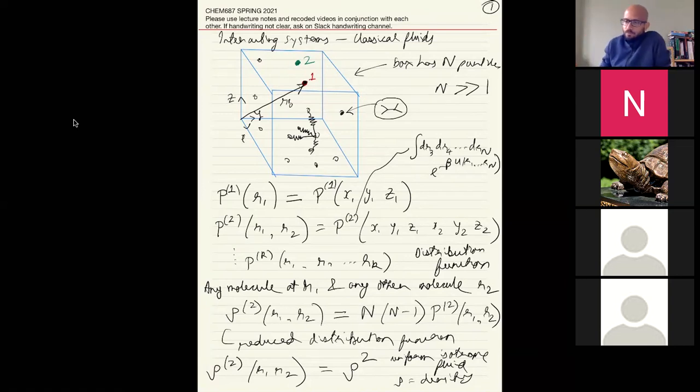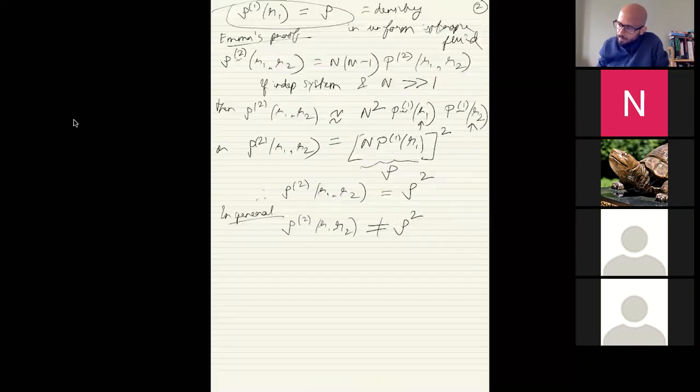Which means that if you have a particle here at 1, you know something about the probability of finding another particle in its vicinity. You know you won't find something too close to it because there is a spring acting between them, and it will have some equilibrium distance next to it. So most likely, this is not going to be just a product of the density squared, because things are not independent.